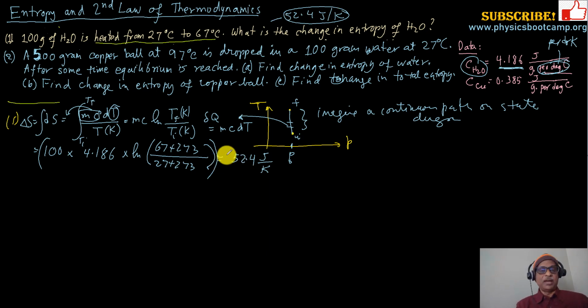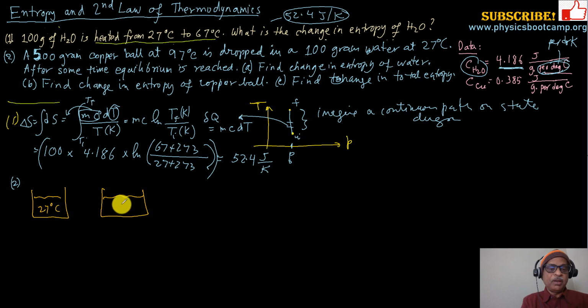Let's do 2 now, and it's an interesting thing that 2 is. Okay, in the 2 we have some water at 27 degrees Celsius, and then we plunk some copper, and that one was at 97 degrees Celsius.